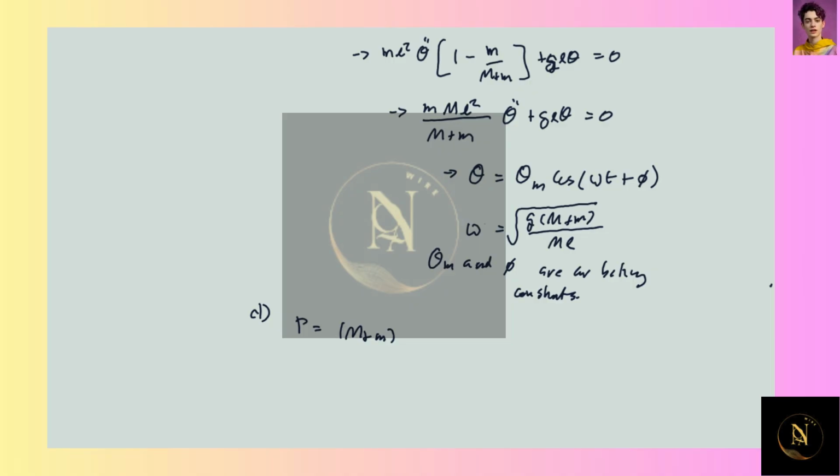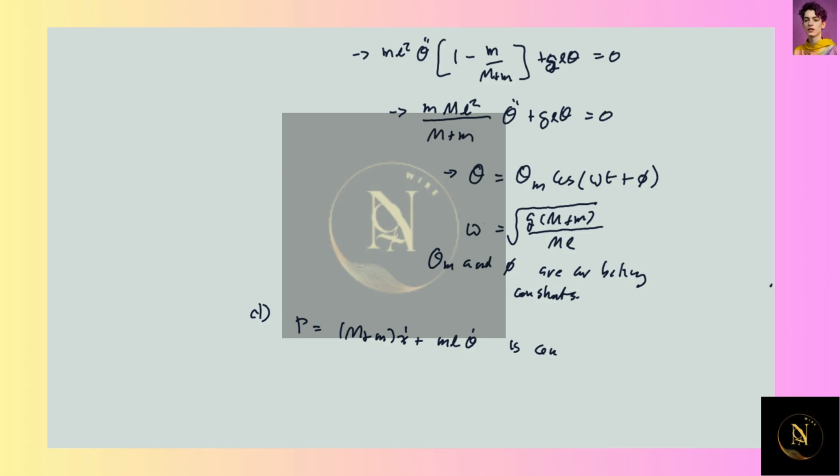And the answer to part D is that P is a constant of the motion, which means that our oscillations effectively are around the center of mass in the x direction. So as the one mass moves to the right, the other one moves to the left, because our x component of momentum is conserved.